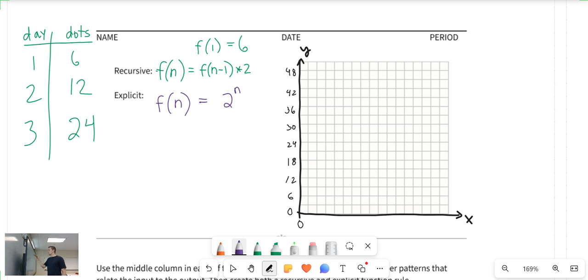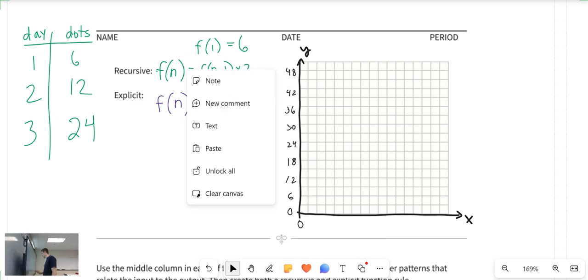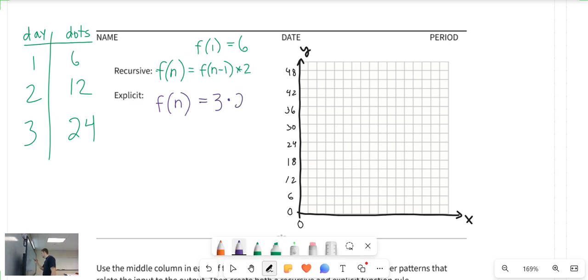And 2 to the 2 is 4, but we need it to be 12, so it needs to be 3 times as big. So it should be 3 times 2 to the n. We can put the parentheses there, but because of the order of operations, we can just write it as 3 times 2 to the n, and that'll work for our explicit function here.